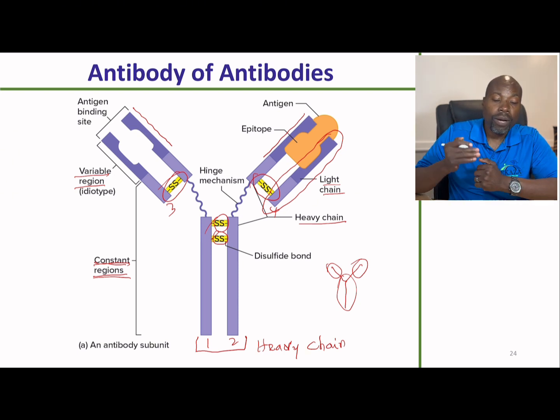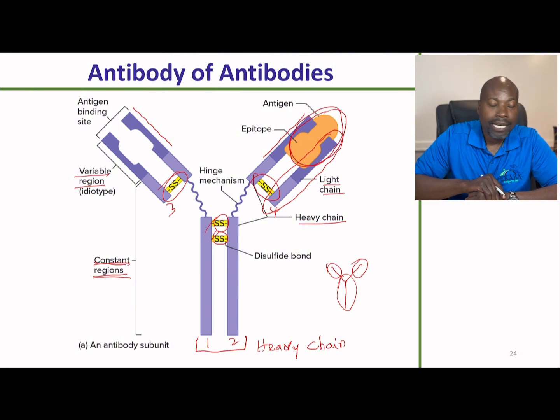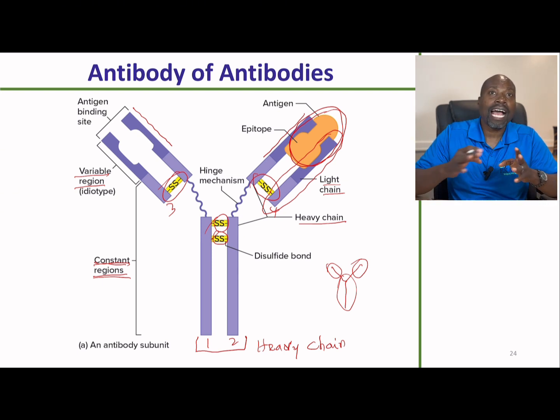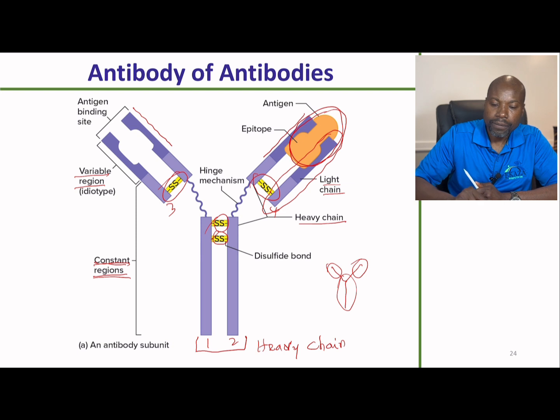How are they different? Well, they are different because this place where antigens are going to come and bind is going to vary. And this is what allows us to target different antigens, because different antigens have a different 3-dimensional structure, right? No question about that.